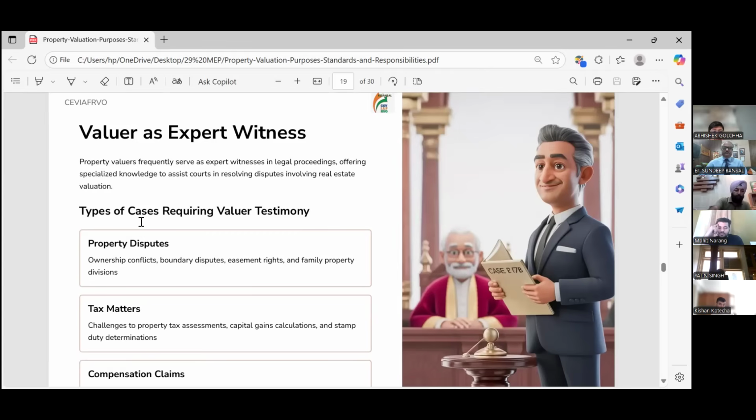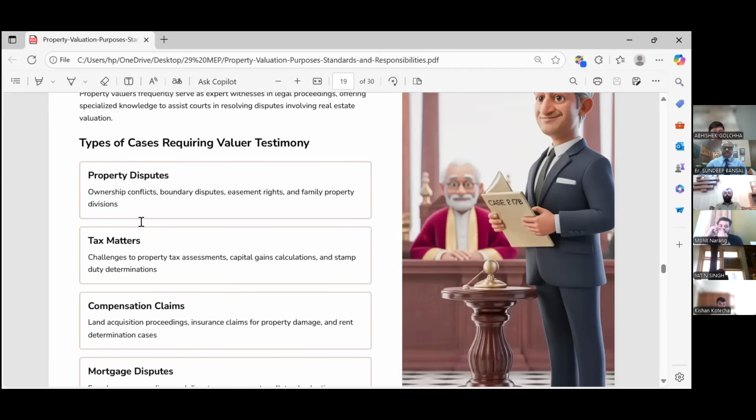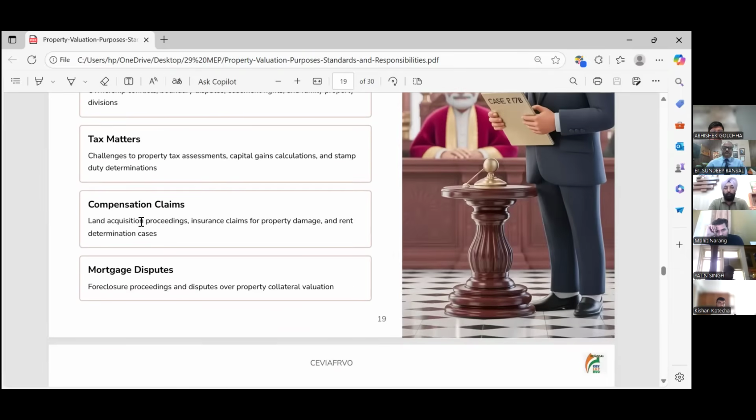In case of tax matters, when the owner has challenged the property tax assessment, capital gains calculation, or stamp duty determination. And for compensation claims, many times the government has given the compensation, but the client is not satisfied with it. He may approach you to find out the fair market value, and you may have to appear in court to defend your valuation. So that is land acquisition proceedings for compensation claims. And in case of mortgage disputes, foreclosure proceedings and disputes over the property's collateral valuation.